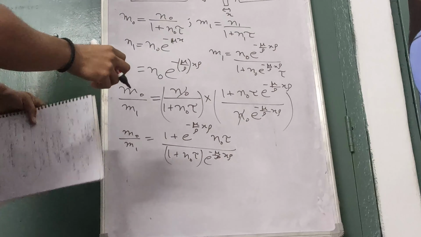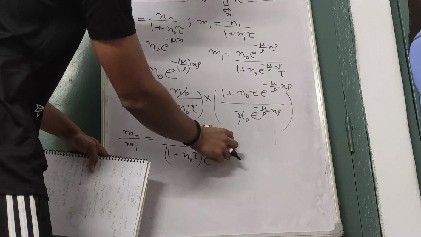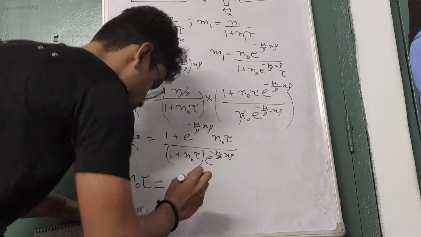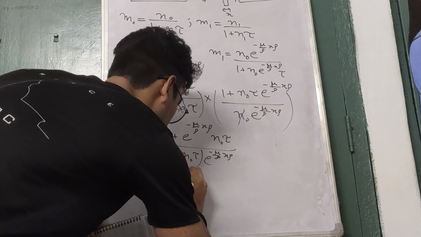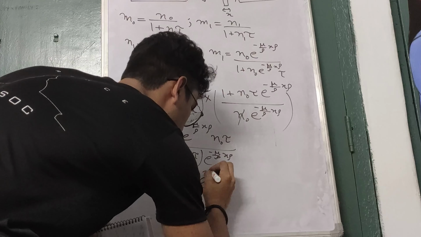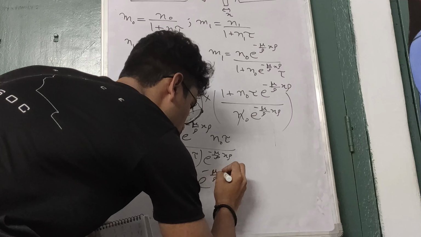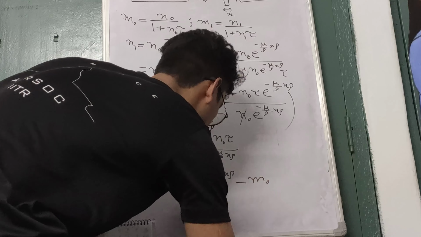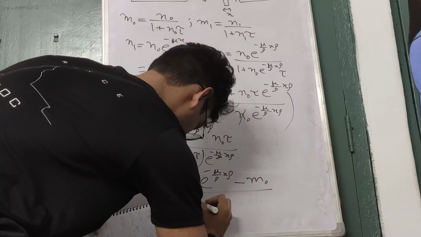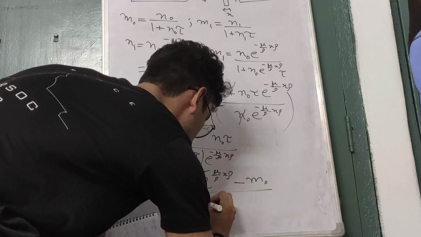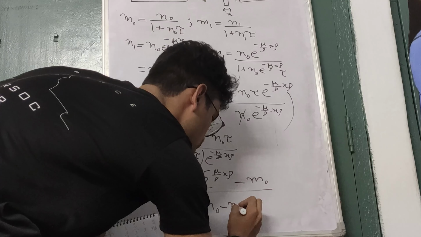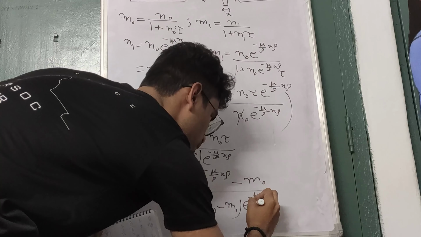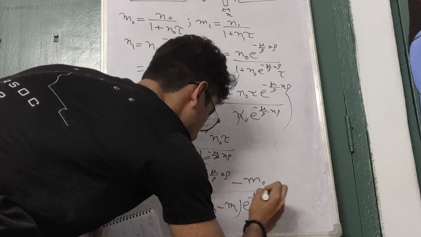And from this we can calculate the value of N0 tau, which would be N0 tau is equal to (M1 e to the power minus mu by rho x rho minus M0) whole divided by (M0 minus M1) into e to the power minus of attenuation constant x rho.